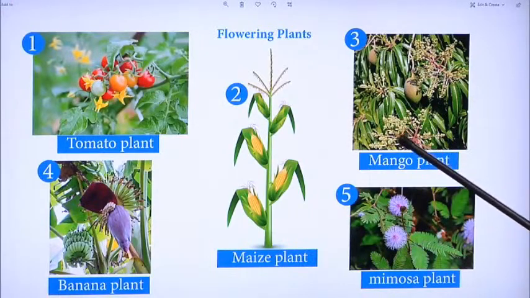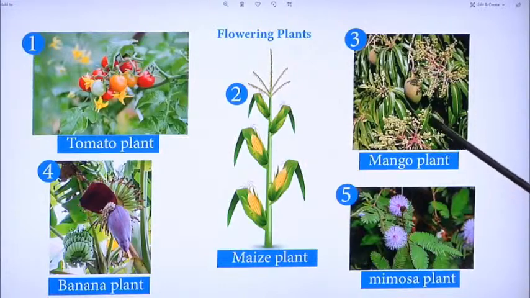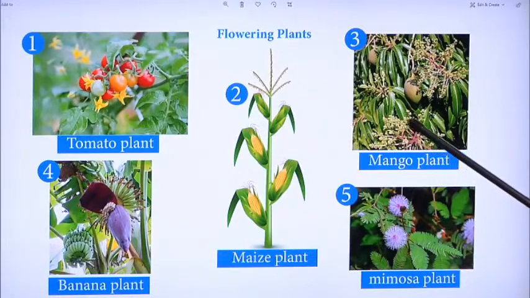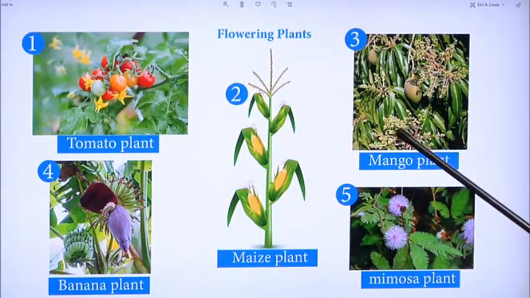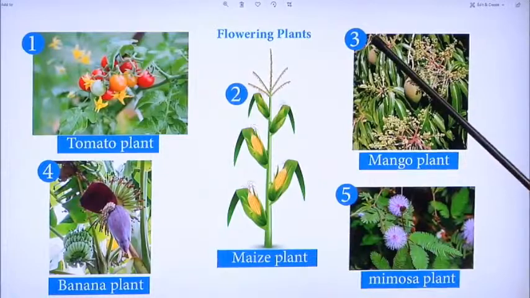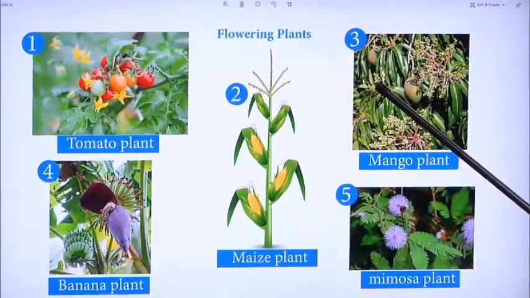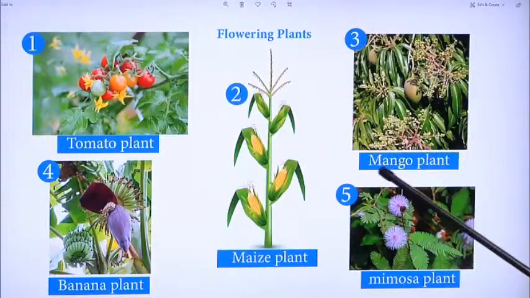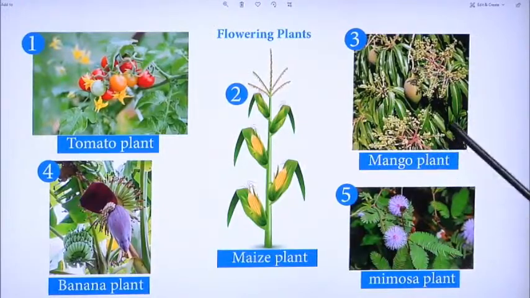It has yellow and then inside is what? Green. Good. Let's count the number of flowers. 1, 2, 3, 4, 5, 6. So a mango plant also bears flowers.